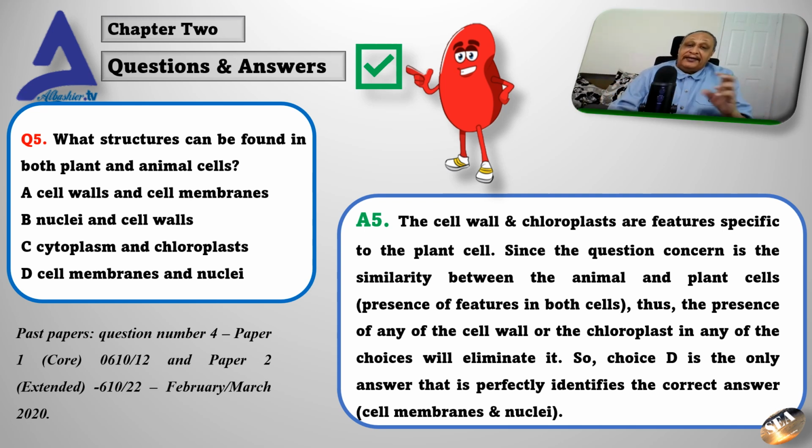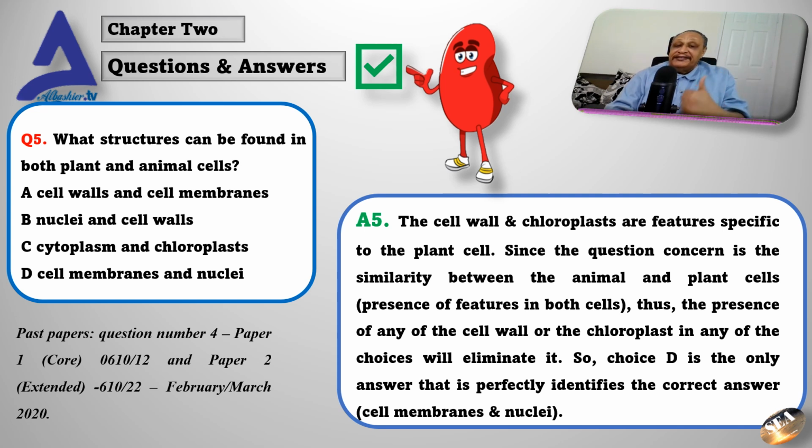The cell wall and chloroplast are features specific to the plant cell. Since the question concerns the similarity between animal and plant cells, the presence of a feature in both cells, any choice containing the cell wall or the chloroplast will be eliminated.